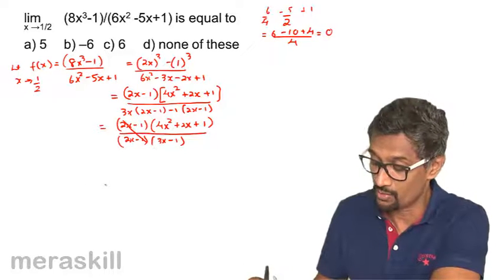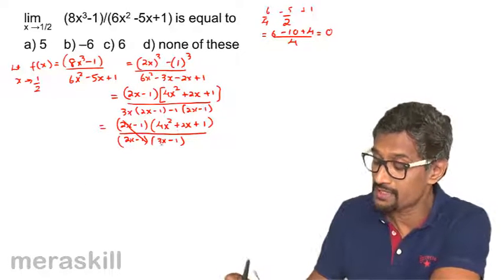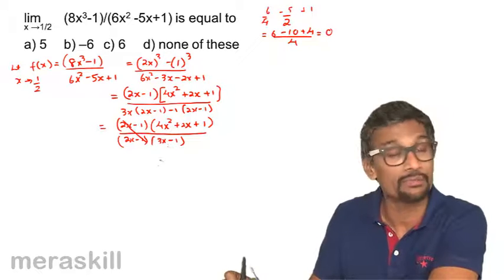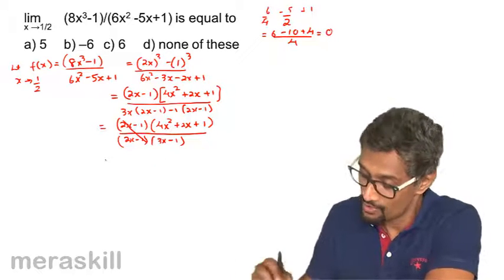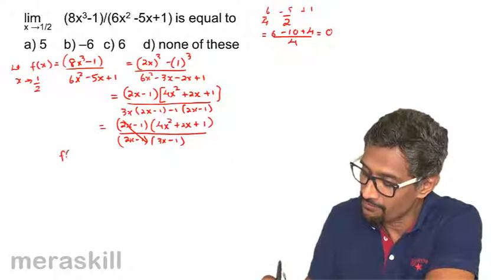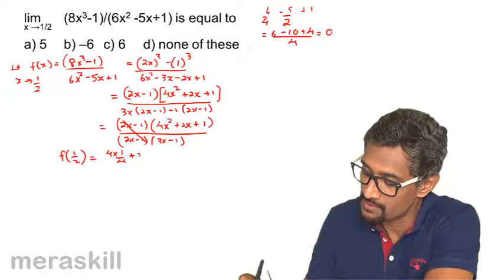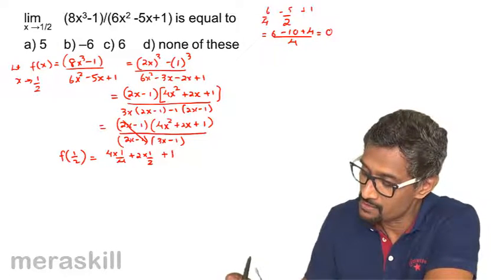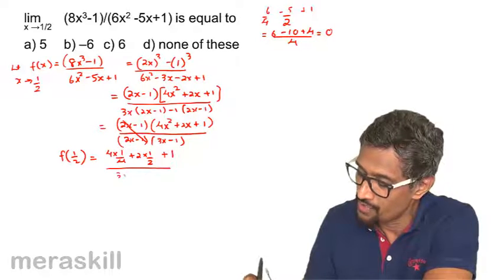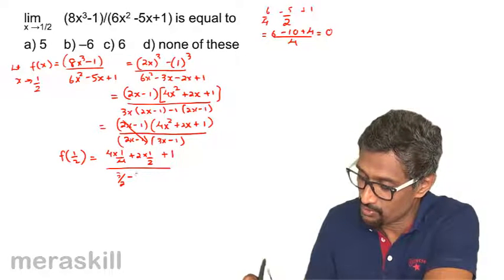You get a determinate quantity. Now here if we substitute x as half, the denominator is not 0. So now we find out f of half in such cases. It will become 4 into half square, 1 by 4, plus 2 into half, that is 1, plus 1, upon 3 into 1 by 2, 3 by 2, minus 1.